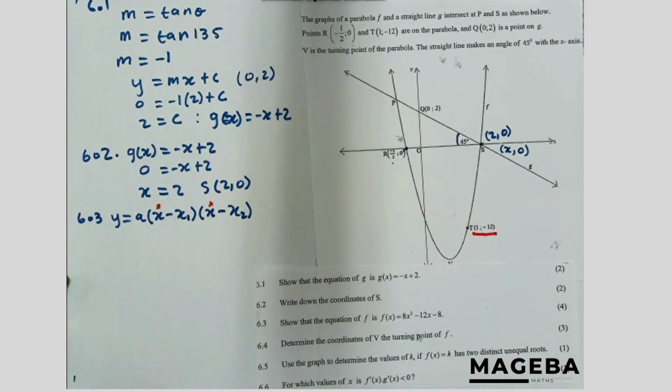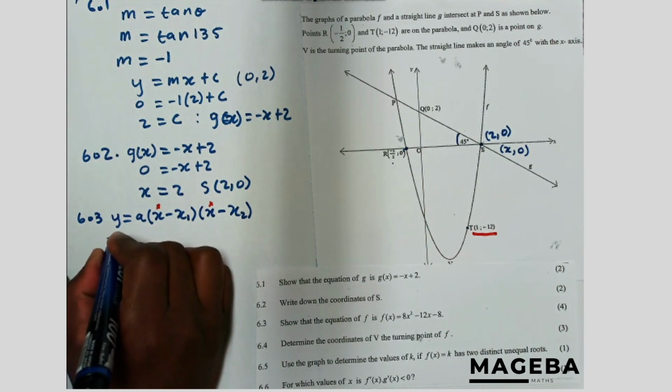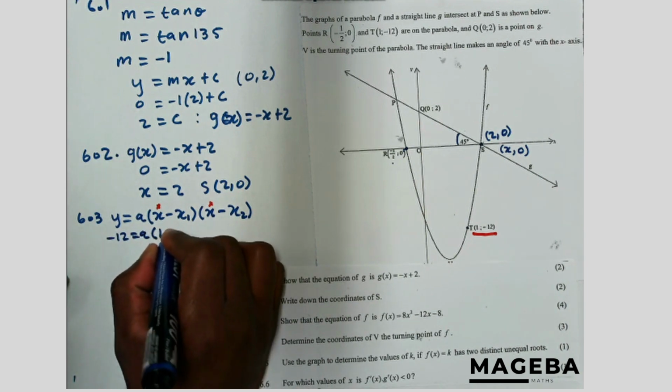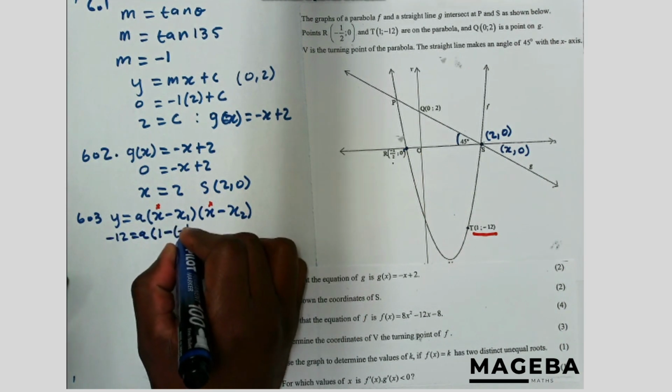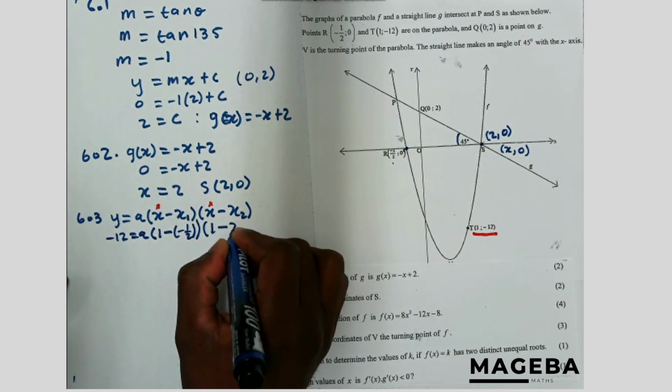Now let's substitute, and we are finding a. Negative 12 is equal to a into 1 minus negative 1 over 2, and then into 1 minus 2.